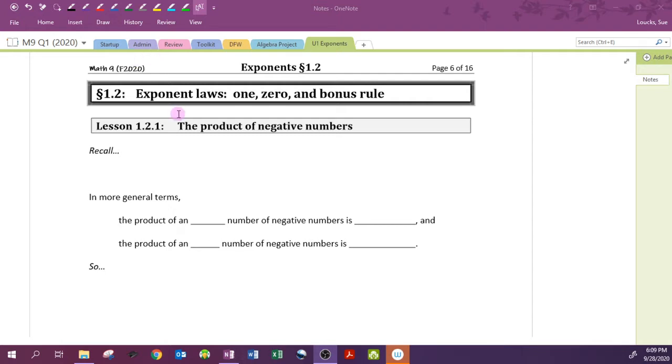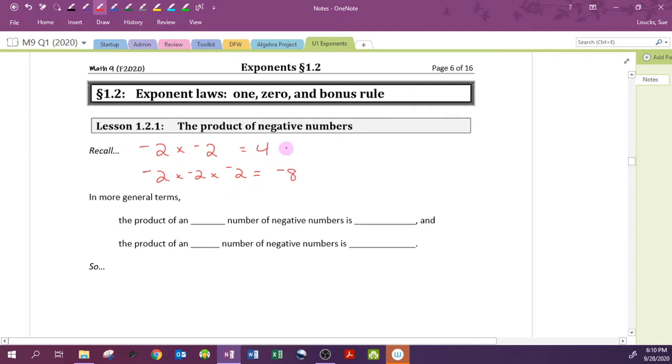So we're going to start off with talking about negative numbers, a product of negative numbers. I want you to recall that negative 2 times negative 2 equals 4, and that negative 2 times negative 2 times negative 2 equals negative 8, right?